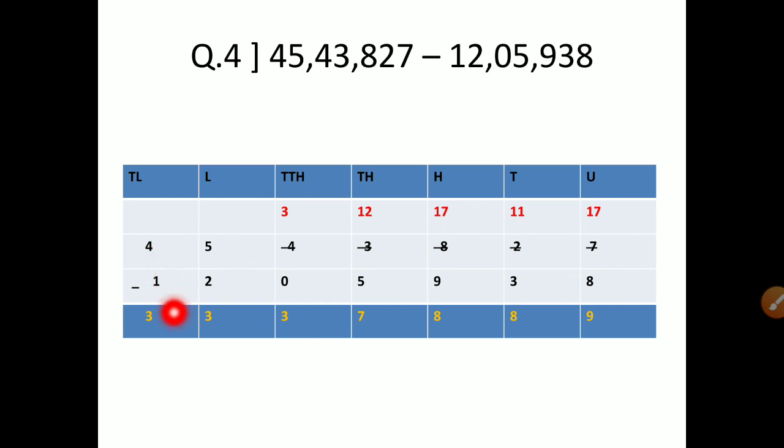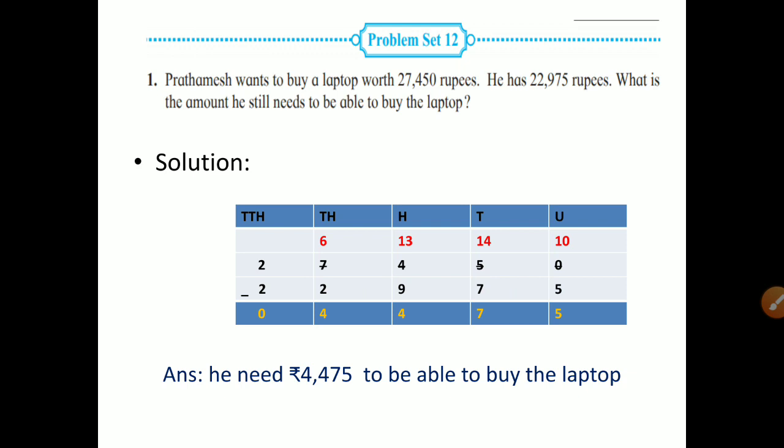And 4 minus 1, again 3. This answer is 33,37,889. Now question numbers 5 and 6 you will solve.